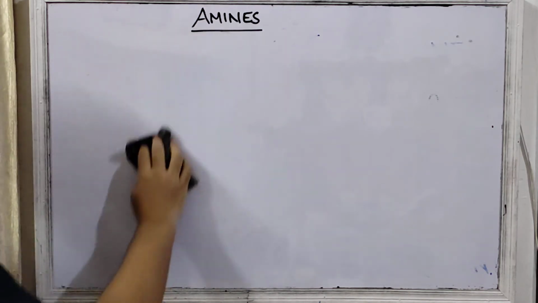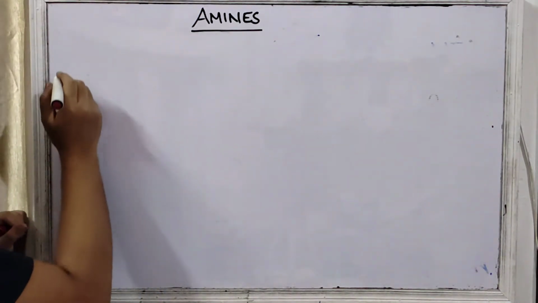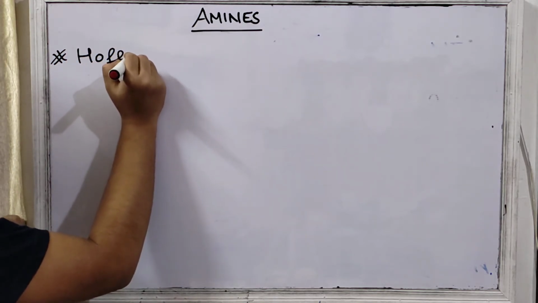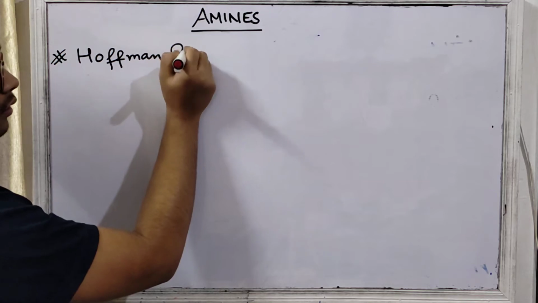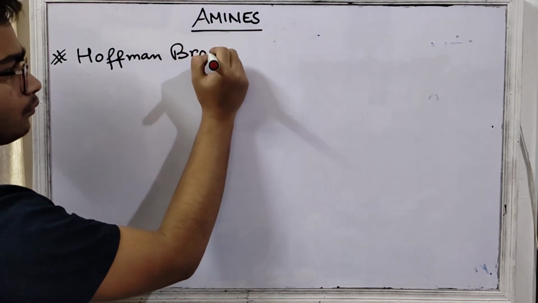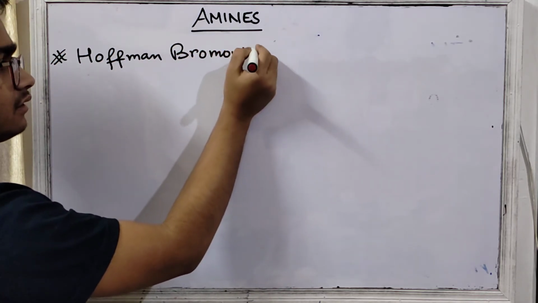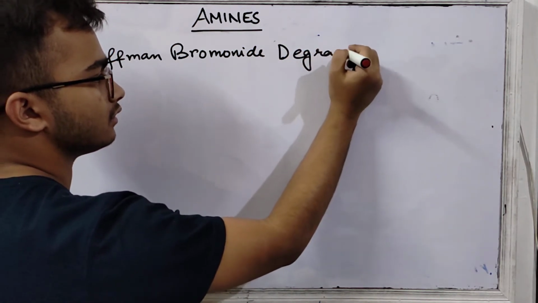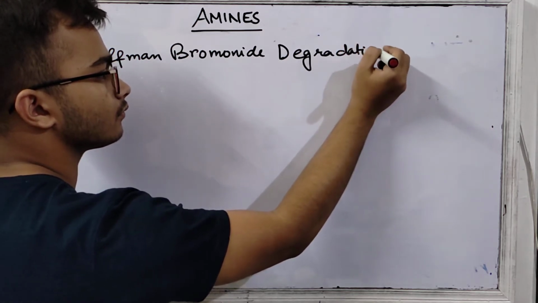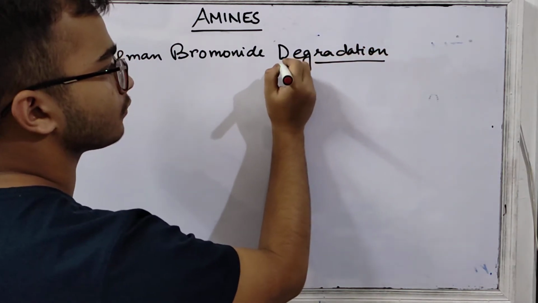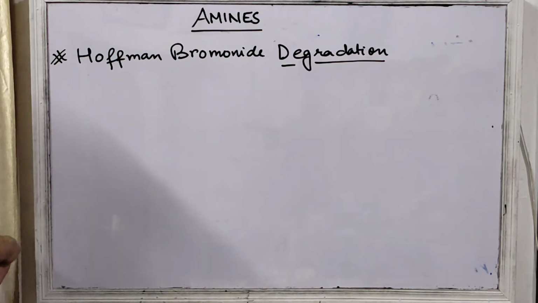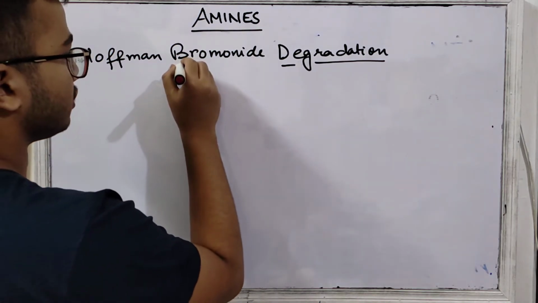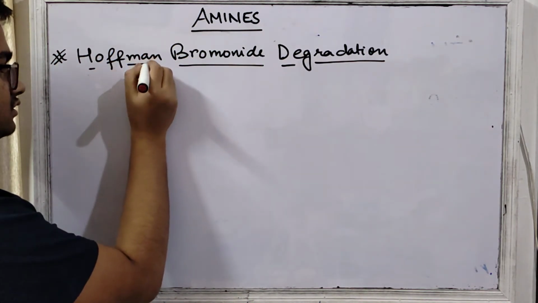HBD means Hoffmann bromamide degradation. I hope I did not misspell it. No, it's correct. Hoffmann bromamide degradation.